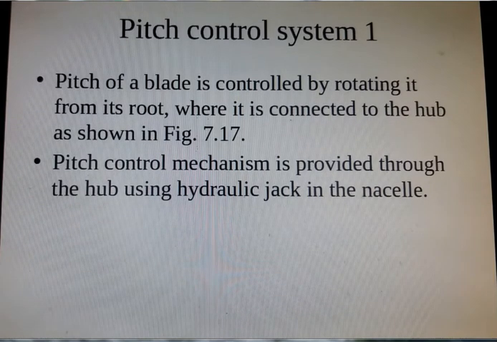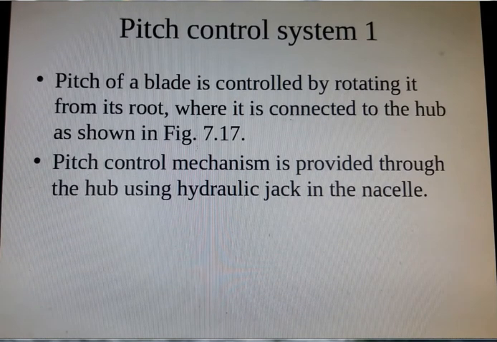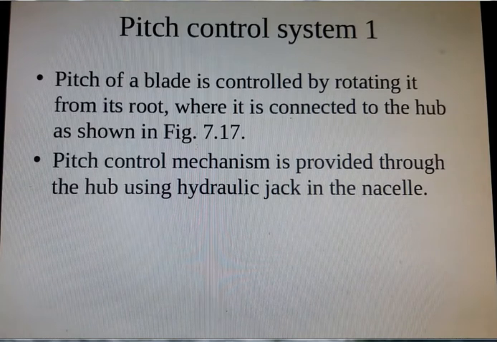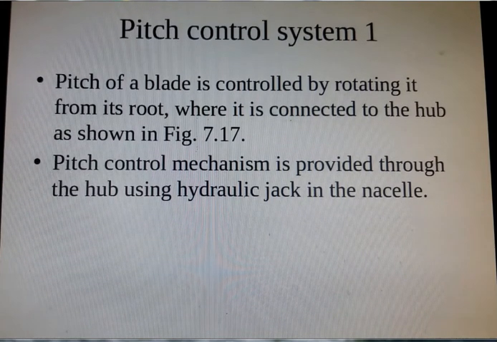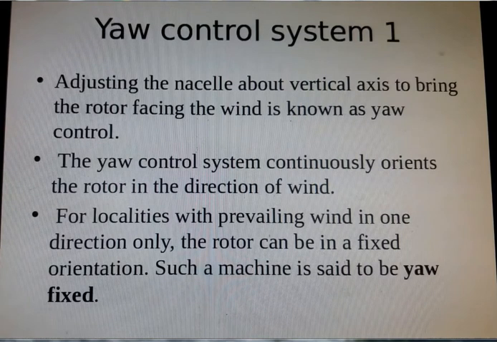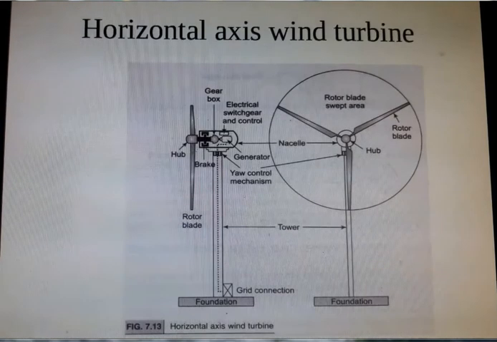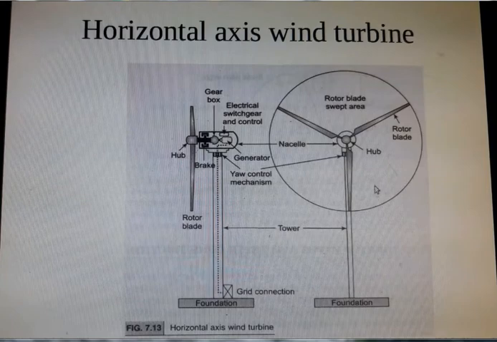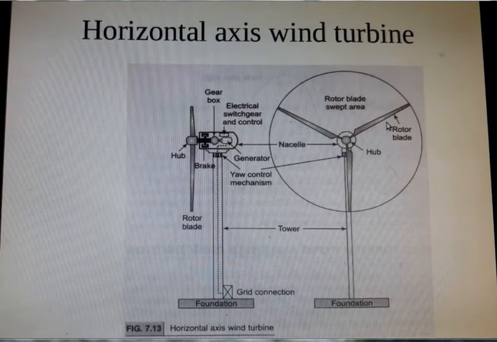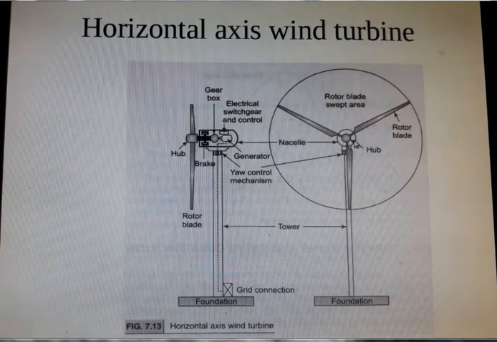Now we are going to talk about the pitch control system. To understand this pitch control system, we again have to go back to the schematic diagram of the wind turbine. Here you can see that the rotor is connected with the hub.